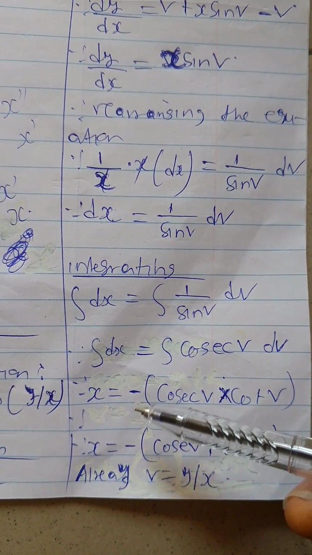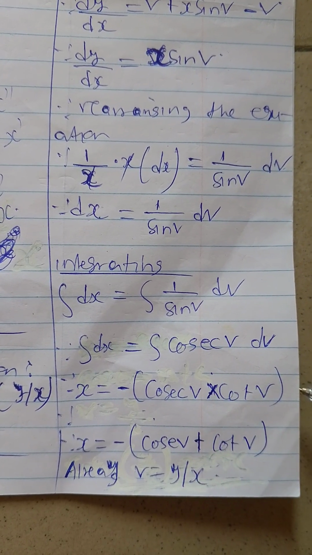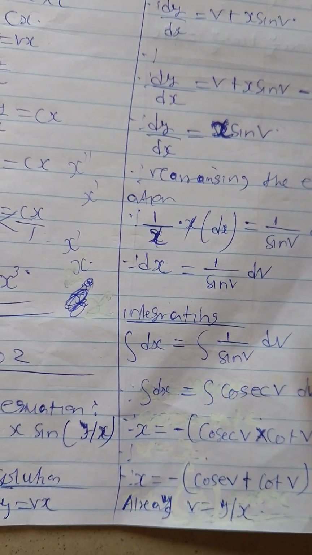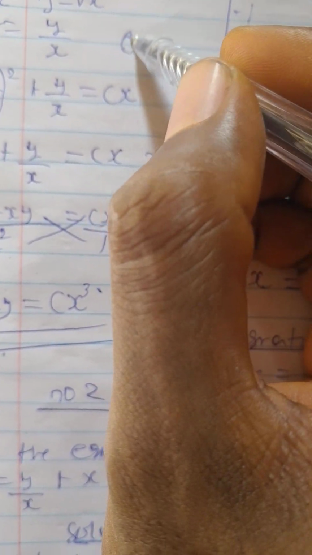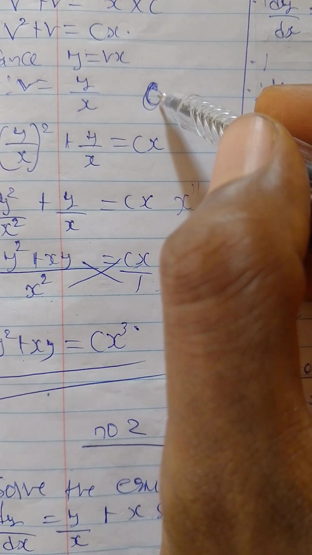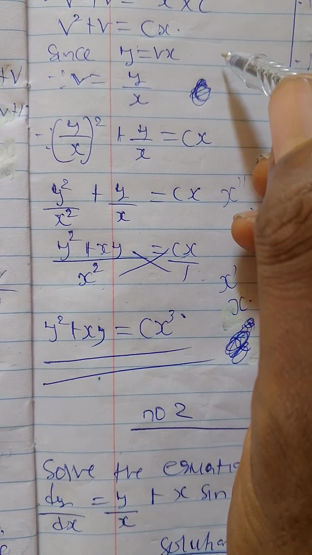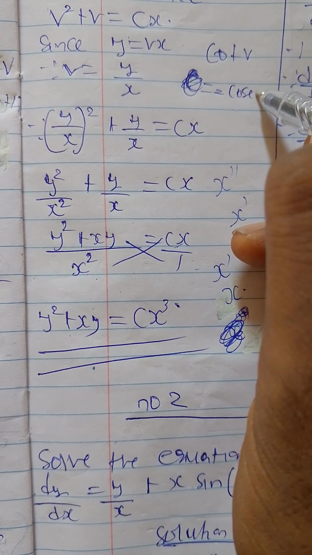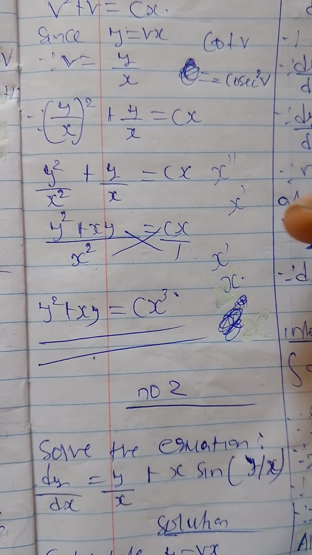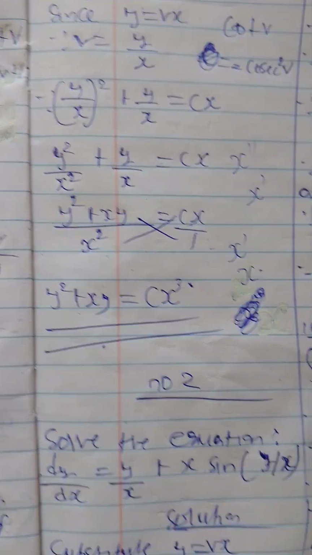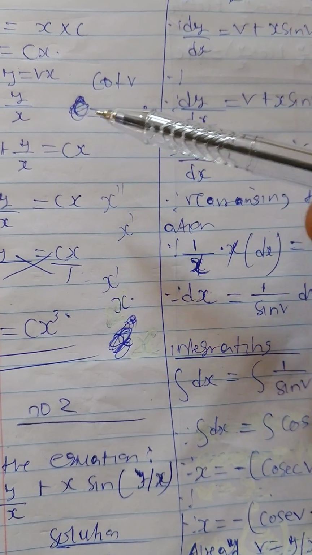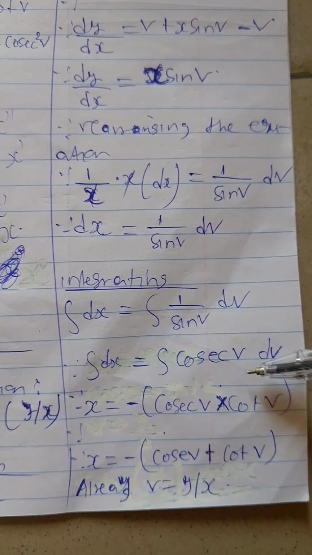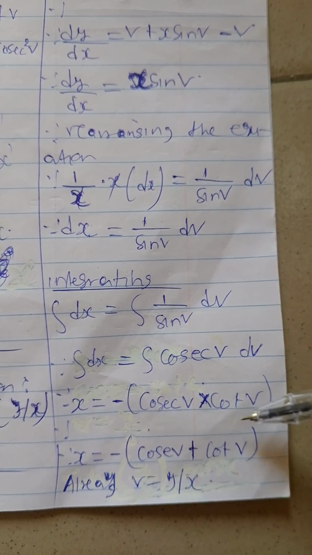The integral of cosec v is the same thing as minus bracket cosec v plus cot v. You understand? This is the integral of cosec v, where the integral of cosec v times cot v is minus cosec v and the derivative of cot v is minus cosec squared v.